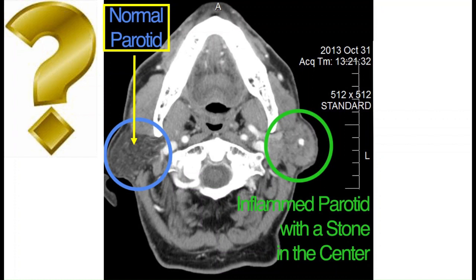This is usually a stone in the center of the gland. Why should it produce stones? Because it produces a solution, and imbalance in the solution will result in the formation of stones.